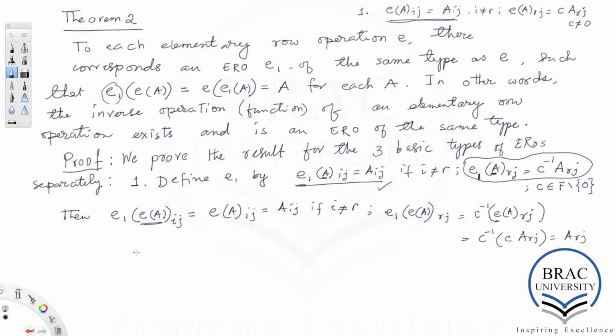Okay, and E1 of E of Arj is equal to c to the minus 1 times E of Arj using this part of the definition of E1, and E of Arj is equal to c times Arj using this part of the original definition of the type 1 of elementary row operations.